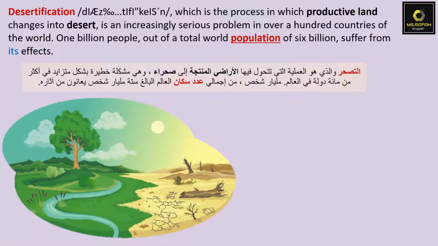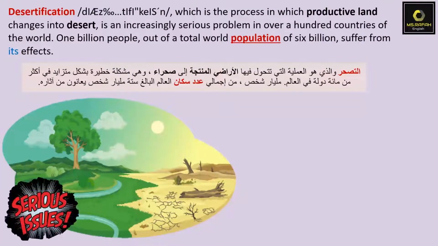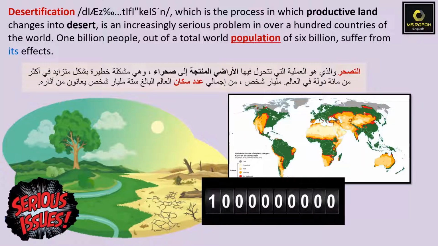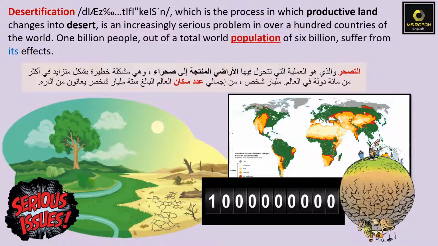Desertification, which is the process in which productive land changes into desert, is an increasingly serious problem in over 100 countries of the world. 1 billion people out of a total world population of 6 billion suffer from its effects.